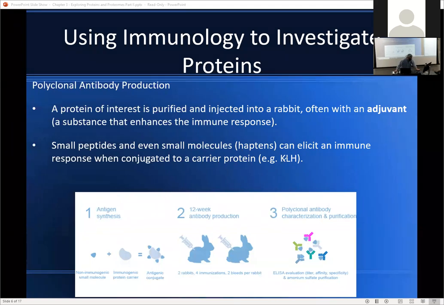Okay, so again, KLH stands for keyhole limpet cyanogen.